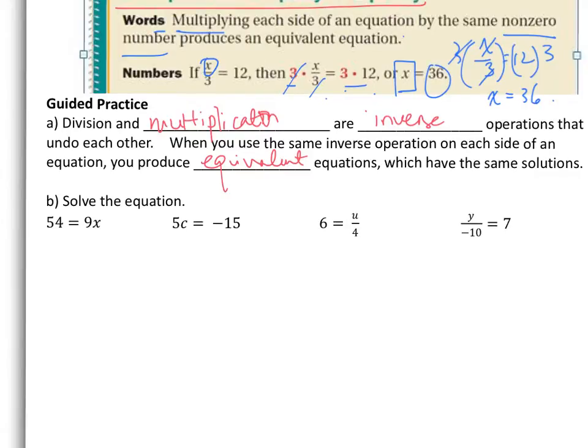So for the first one, 54 equals 9x, I can divide both sides by 9. 54 divided by 9 gives me 6. And for 5c equals negative 15, cancel out the 5, c would give me negative 3.